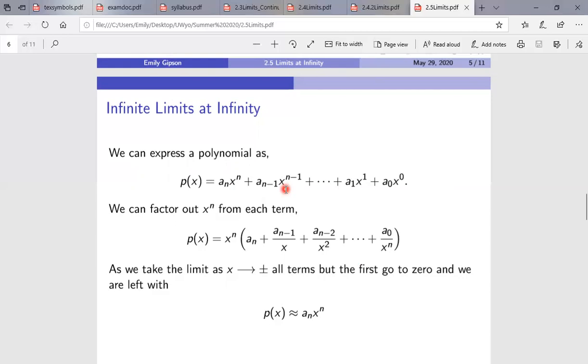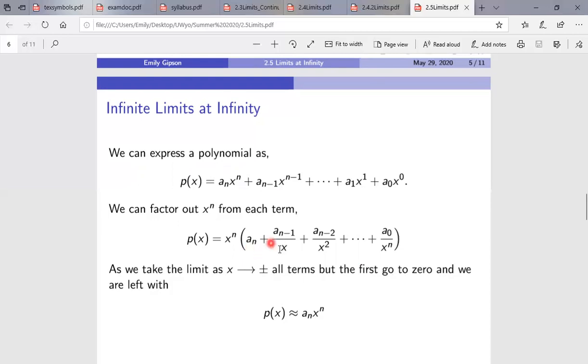Now, we can get creative with how we express these terms, and if we're interested in taking limits, maybe it's beneficial for us to be creative. So we can factor out an x to the power of n from each term. We pull out x to the power n, and for our very first term, a_n times x to the power n, nothing happens. We just get left with a_n.